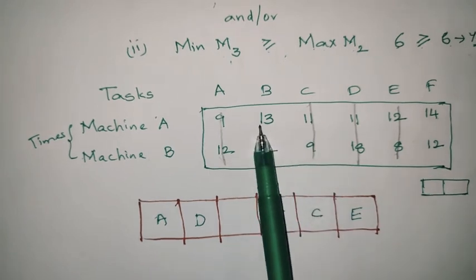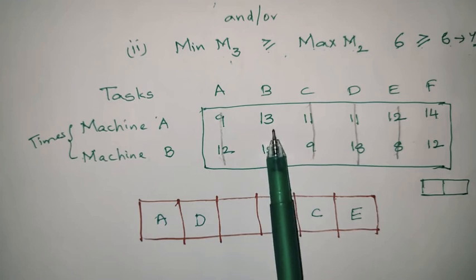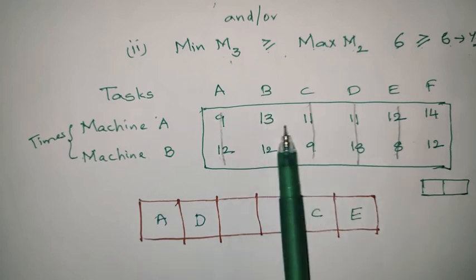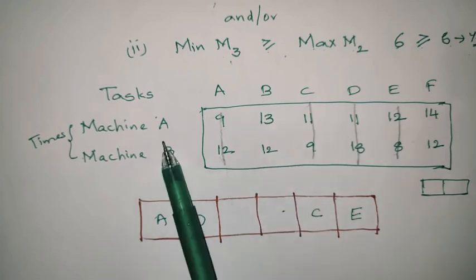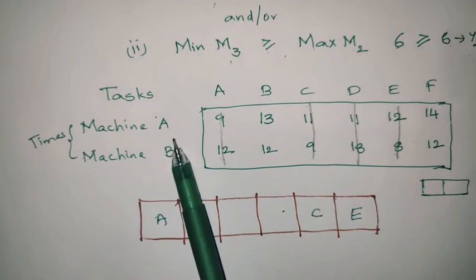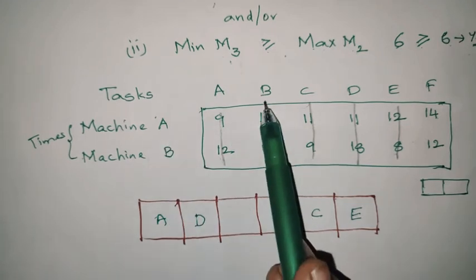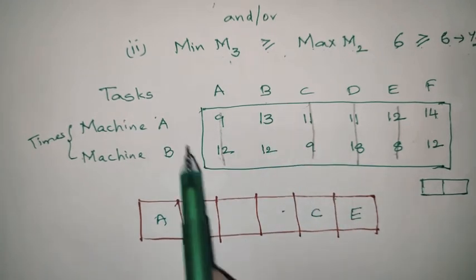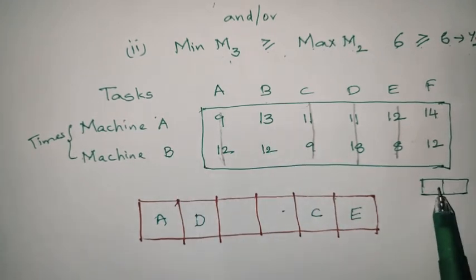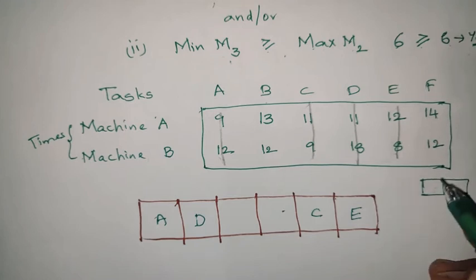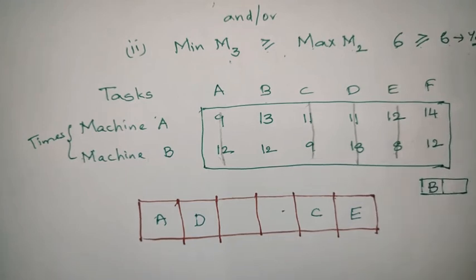So the minimum time is 13, so we need to select B. The minimum value is on machine A. So that's why we need to write B on the left side of these 2 grids. What is the left side? This one. So here you will get B, and the remaining one is F.